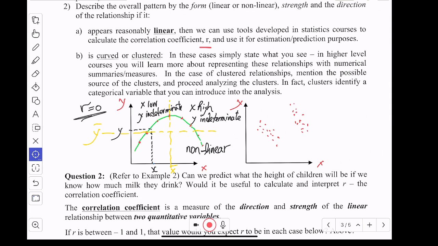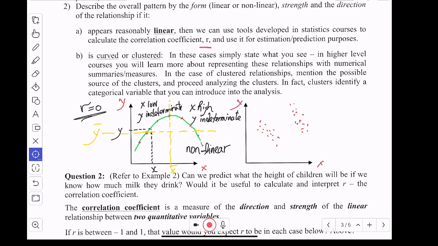What would you say? Okay, Hector says non-linear.